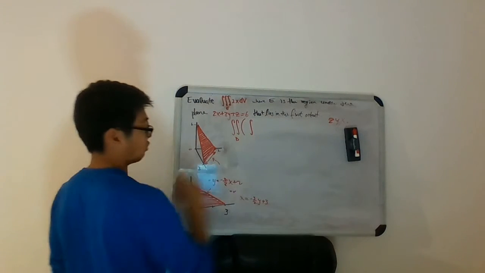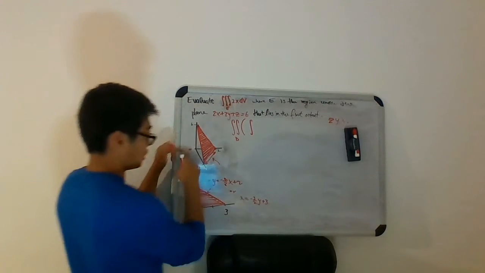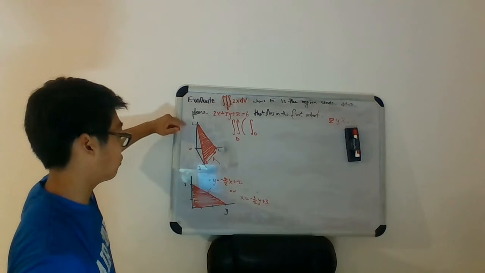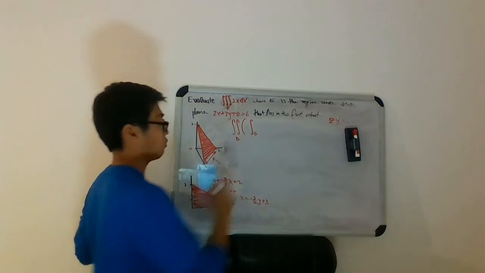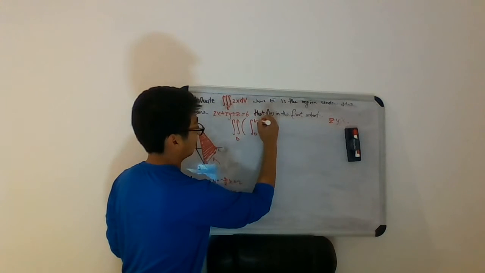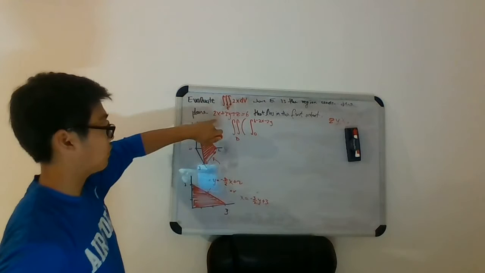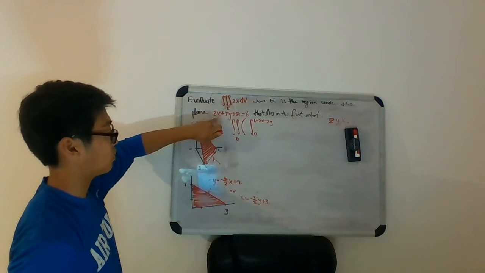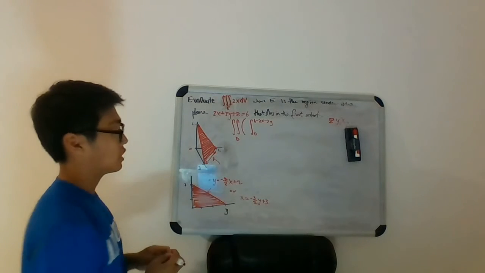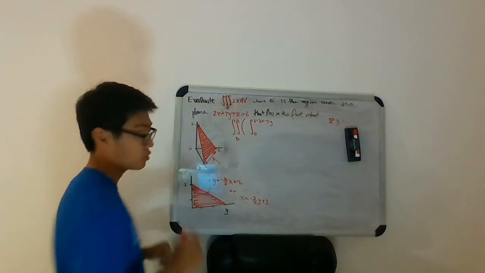The first integral with respect to z goes from z equals 0 to when that value reaches 6, which is given by the equation z equals 6 minus 2x minus 3y. That's derived from the equation of the plane up here. And so that's my first limit of integration with respect to z.